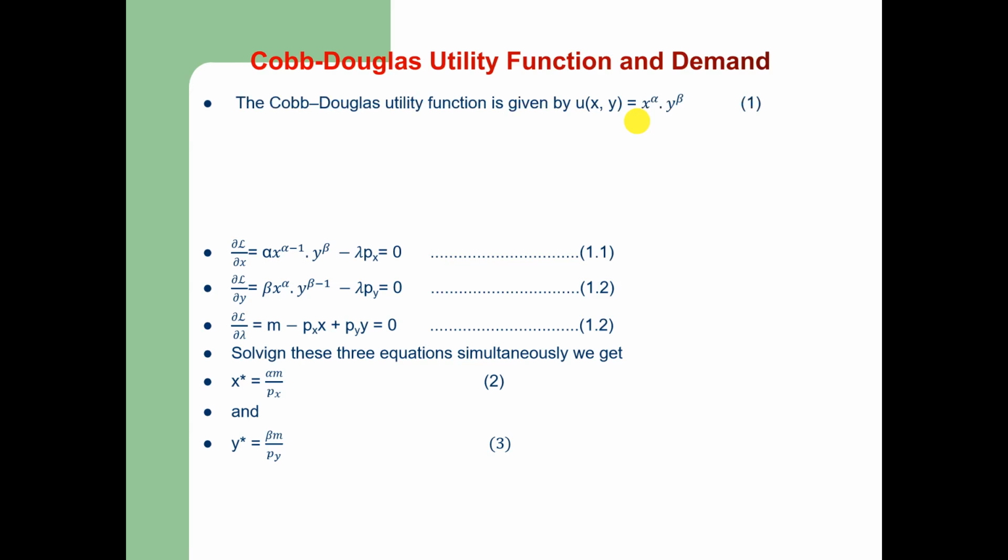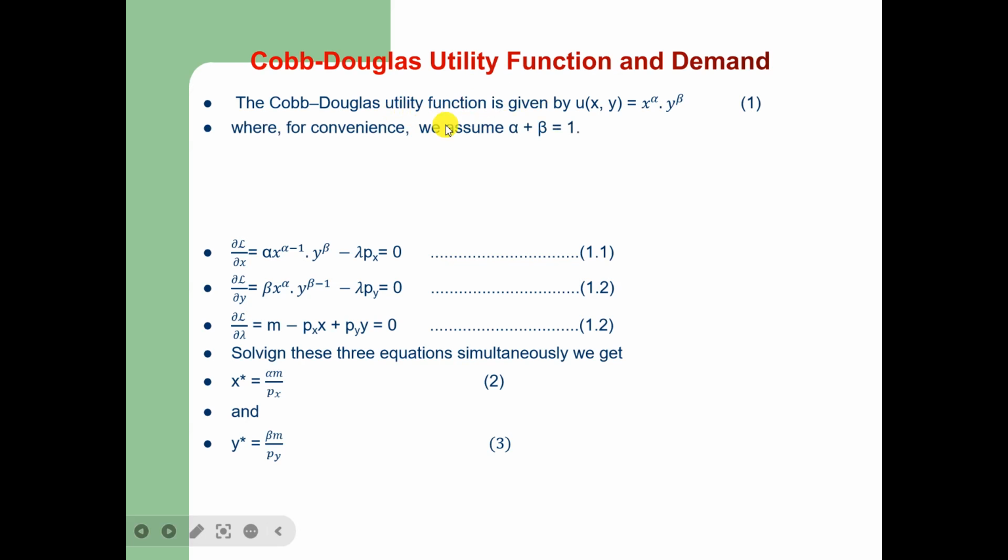consumer theory as well as in producer theory, and this function is given by u of x, y such that x is raised to power alpha and y is raised to power beta. X is one good and y is another good, and alpha and beta are exponents of x and y.